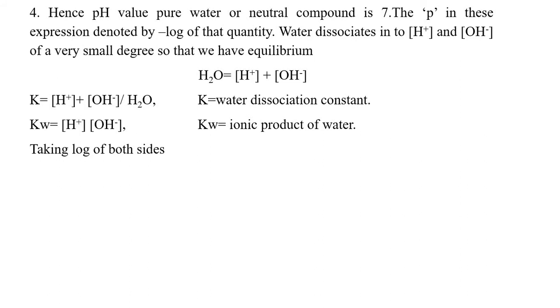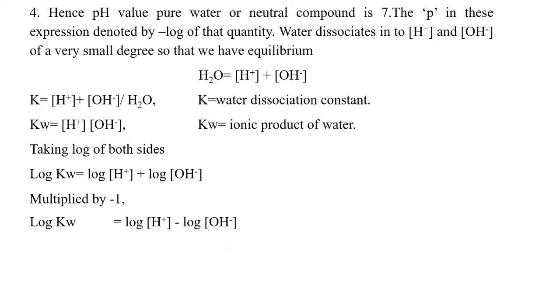If you take the log on both sides, you will get log Kw is equal to log concentration of H plus ions plus log concentration of OH minus ions. Therefore, if we multiply it by minus 1, then the equation is written as minus log Kw is equal to minus log concentration of H plus ions minus log concentration of OH minus ions.